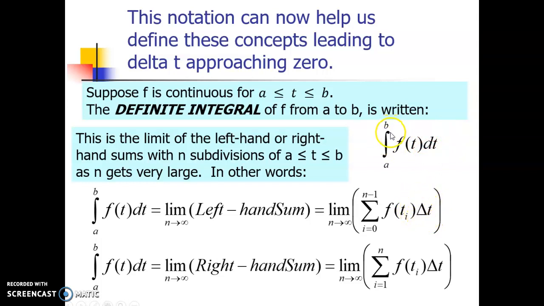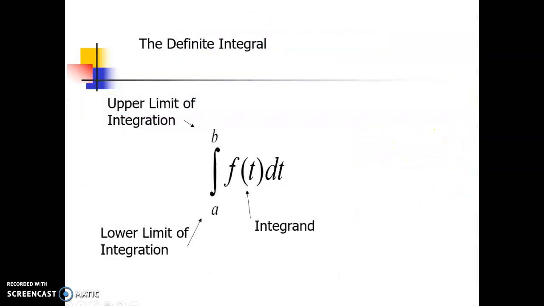So it's actually saying, Newton says, let's sum up, so he uses a big, long, elongated S. Let's sum up all the rectangles from A to B and do the length of each rectangle, which was the value of the function at each one of those places, multiplied by the width, which was delta t. So that's where he came up with this notation for the definite integral.